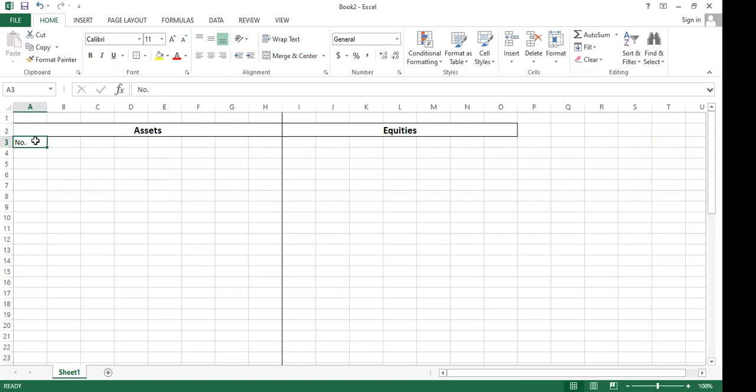First one, this is the asset side, and the other side is the equity side.